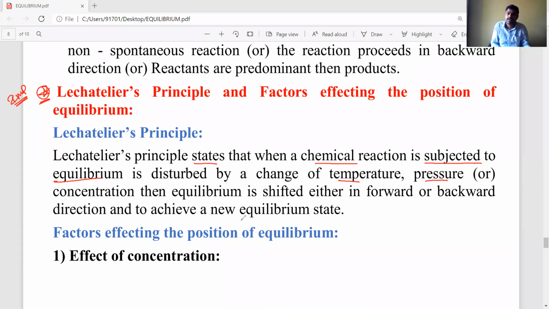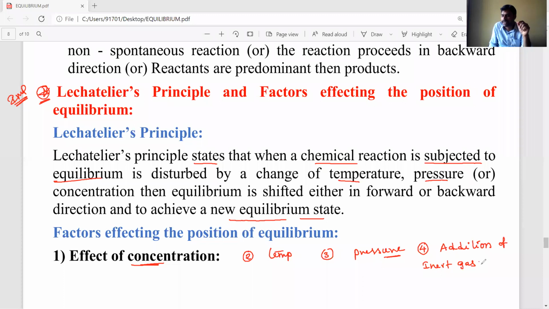What are the main important factors of the Le Chatelier principle? One is the effect of concentration. The second is the effect of temperature, and the third is pressure. Okay, students, these are the main important ones: concentration effect, temperature effect and pressure effect. And the fourth one is addition of inert gas.